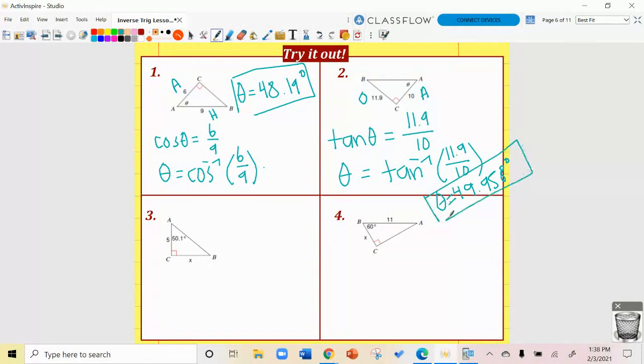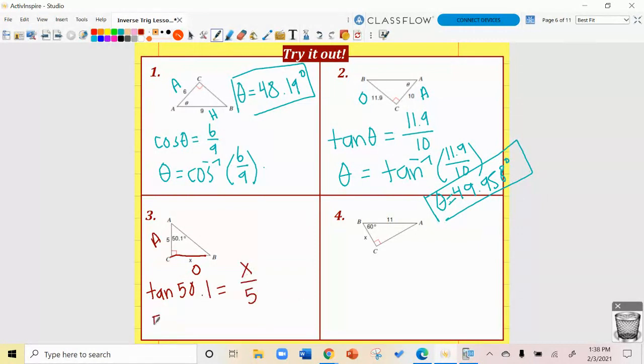Okay, we're plugging along here. What about down here? Well, here I'm finding x. No inverse for 3 and 4, right? I don't want you to forget the things that you did learn. Here I've got opposite and adjacent in reference to this angle. So I've got tangent of 50.1 equals x over 5.